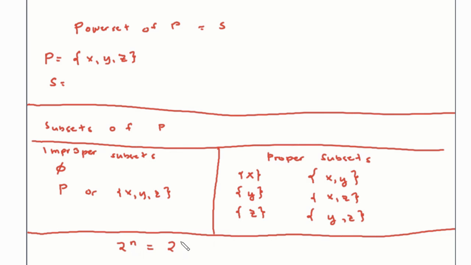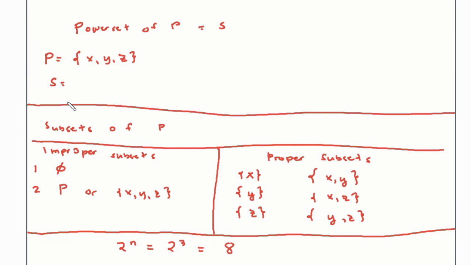So this is 2 raised to 3. We can expect our power set to have 8 elements, or we can expect our set P to have 8 subsets. Let's count. How many subsets do we have? We have 2 improper subsets and 6 proper subsets. So all in all, we have 8 subsets of the set P.